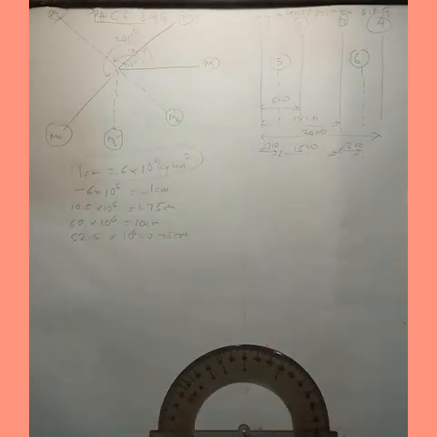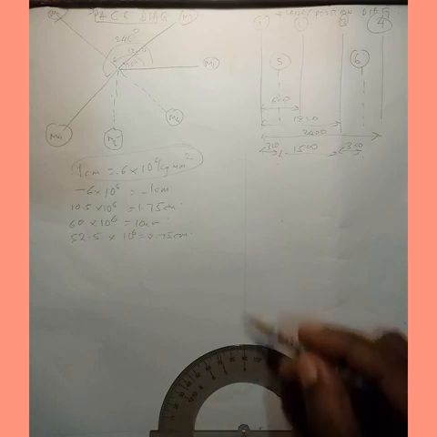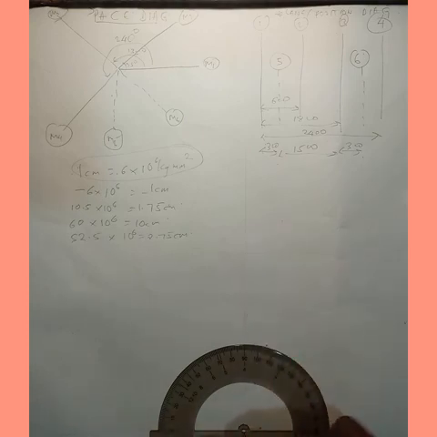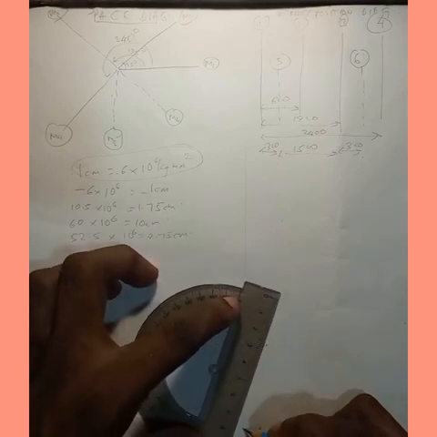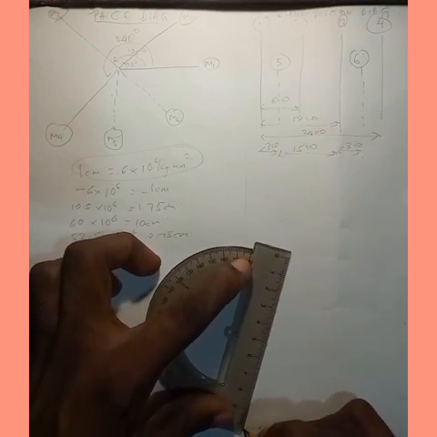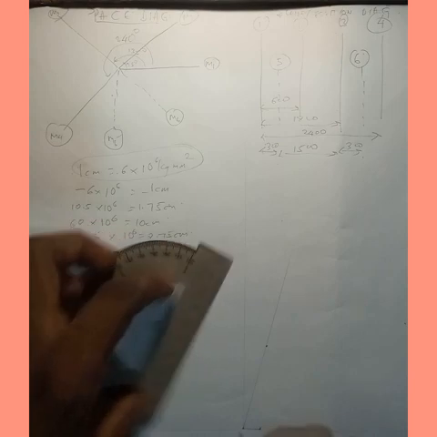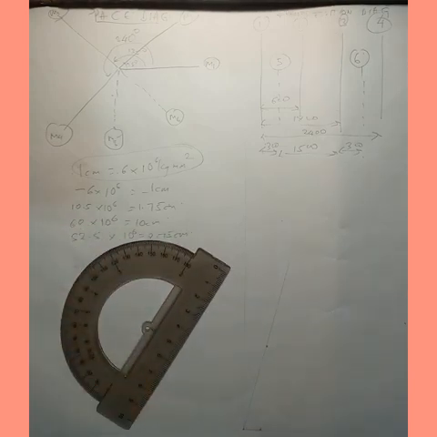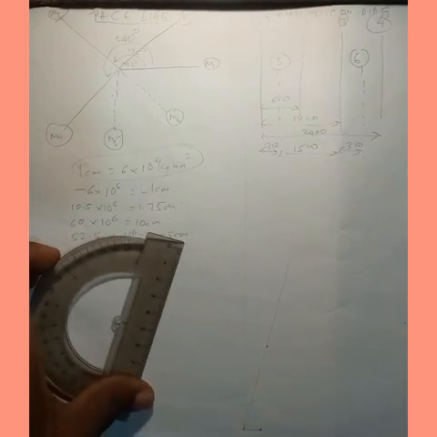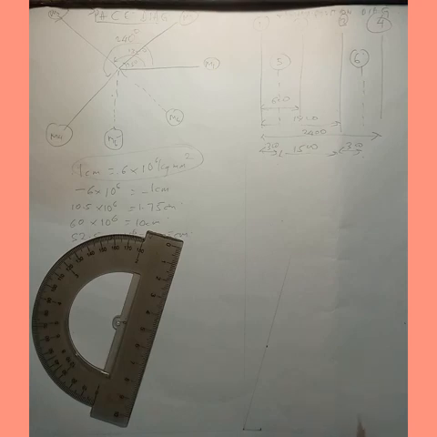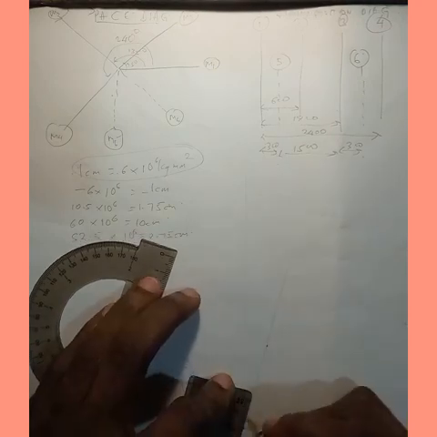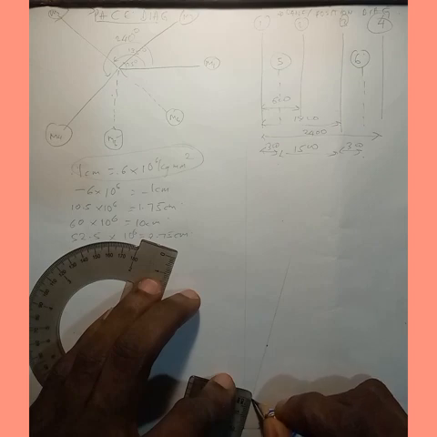You can see 180 here, 0 here, 90 here. You ensure that it is straight, then you measure your 75 degrees. So this angle is at 75 degrees, and the magnitude is 1.75. So this is 1.75 here.